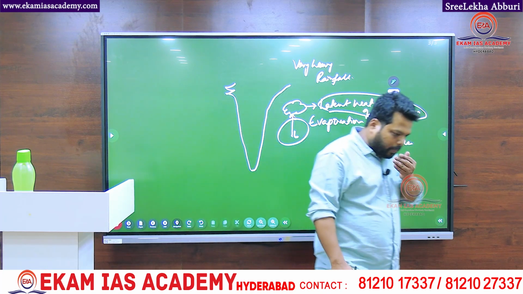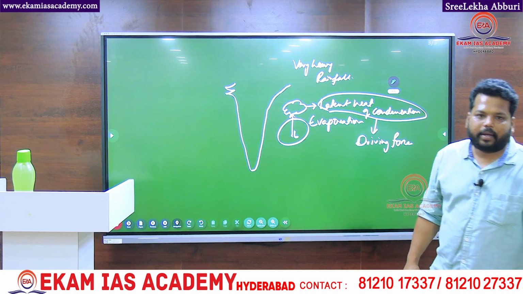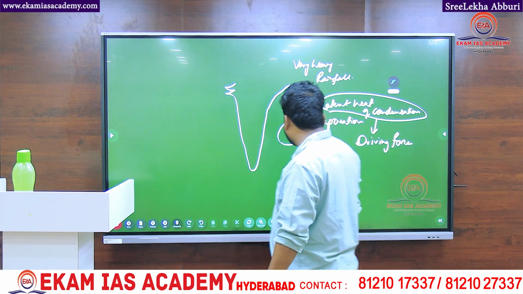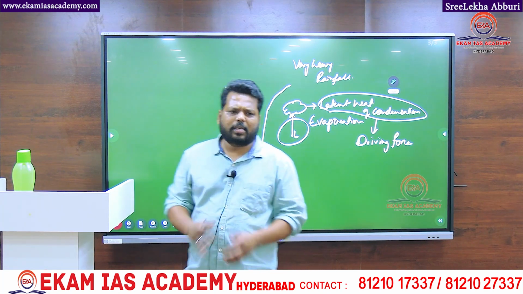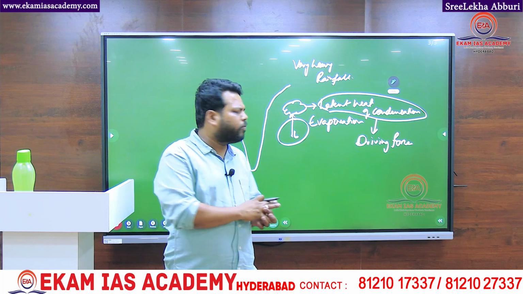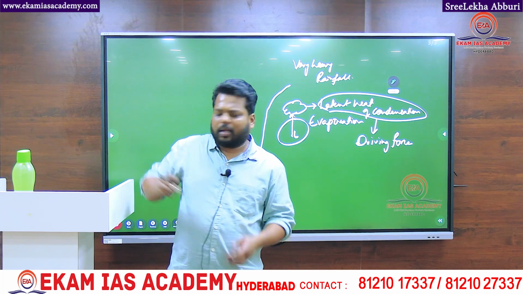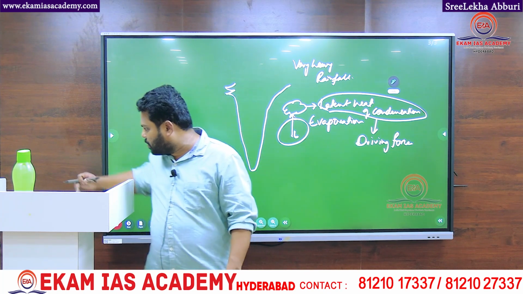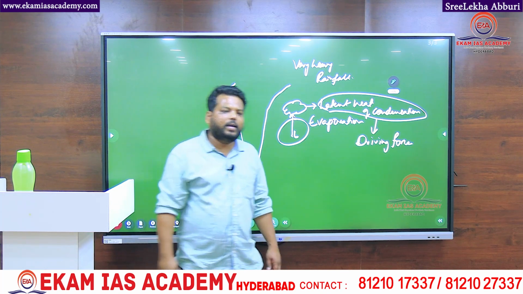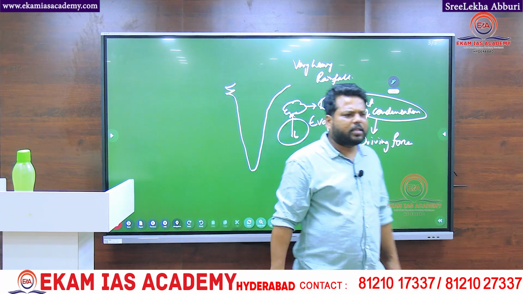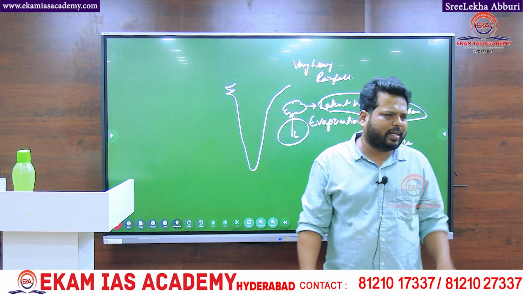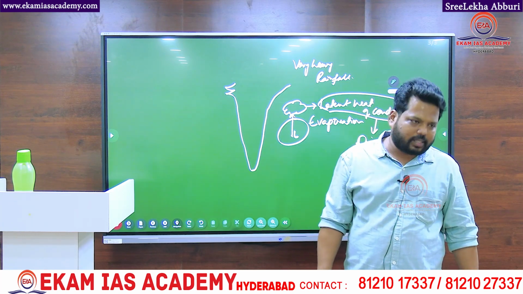Got this point? And latent heat of condensation occurs because of the sea surface temperature being more than 27 degrees centigrade. If sea surface temperatures are not above 27 degrees centigrade, then it doesn't make any sense.